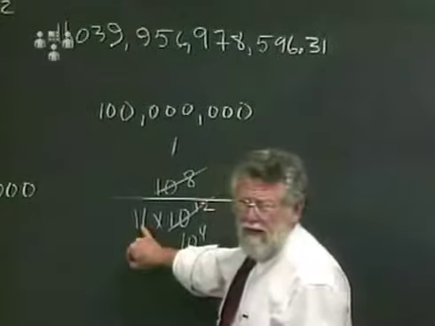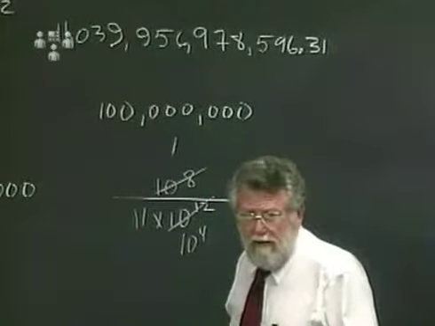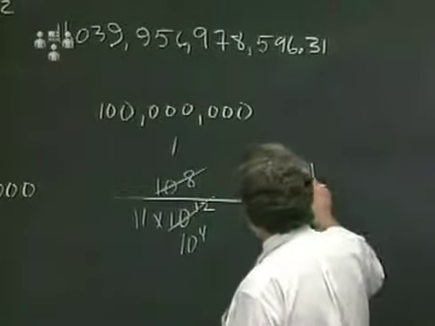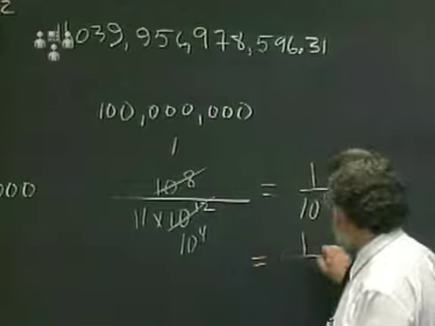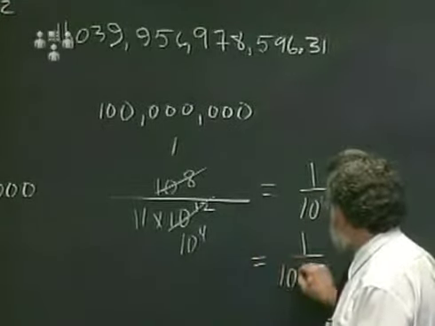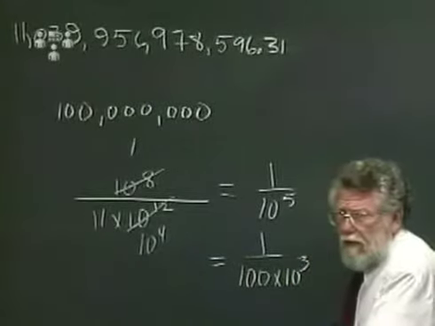And to the nearest 10, 11's like 10. True? The nearest 10. So this is like 1 over 10 to the 5th. But that's really like 1 over 10 to the 3rd times 100. Will you agree with that?